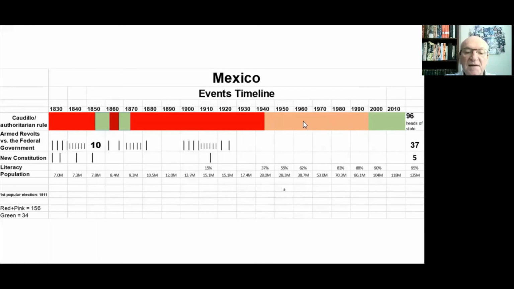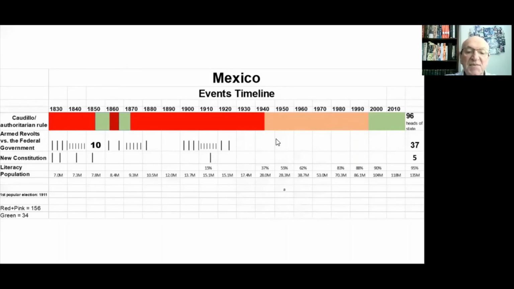This pink part here is pink because, well, it is an authoritarian era, but not of a caudillo, but by a party. The PRI, Partido Revolucionario Institucional, was in charge during all this period of time, and they were the perfect dictatorship.